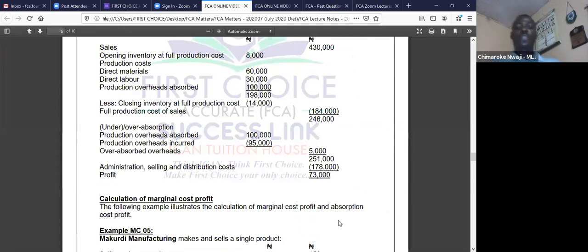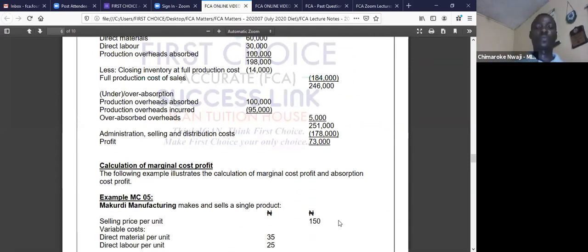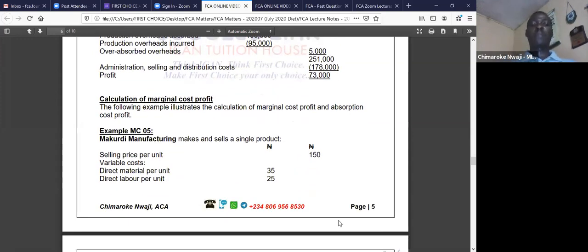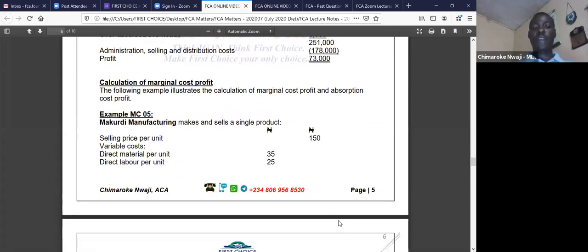Now, let's do an example. They say the following example illustrates the calculation of marginal cost profit and absorption cost profit. So let's illustrate it with this. Makurdi Manufacturing makes and sells a single product. Look at the selling price, 150 per unit. The variable cost is divided: direct material is 35 naira, direct labor is 25 naira.